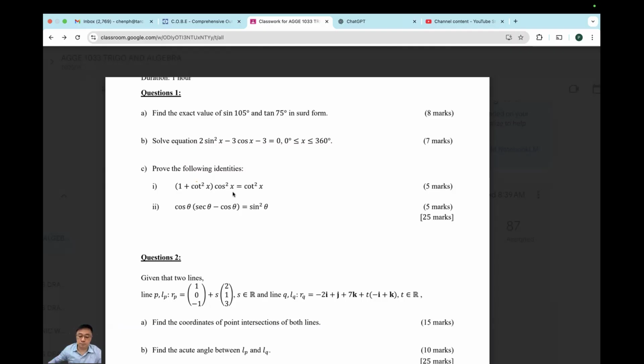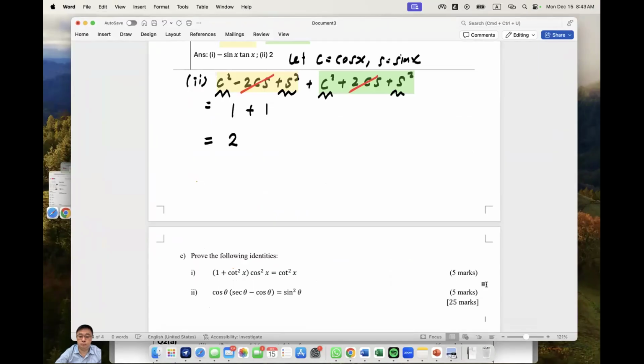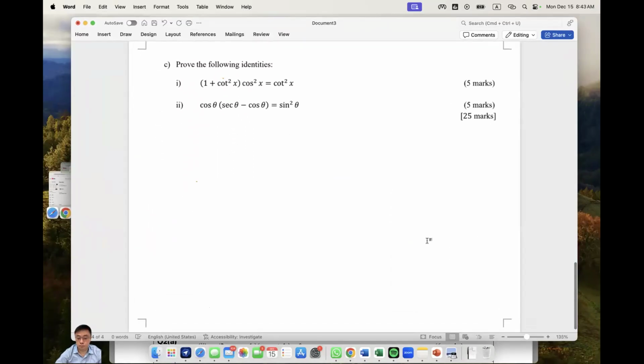All right. I discuss question C first. Okay, this one is from the test 2. From the test 2.